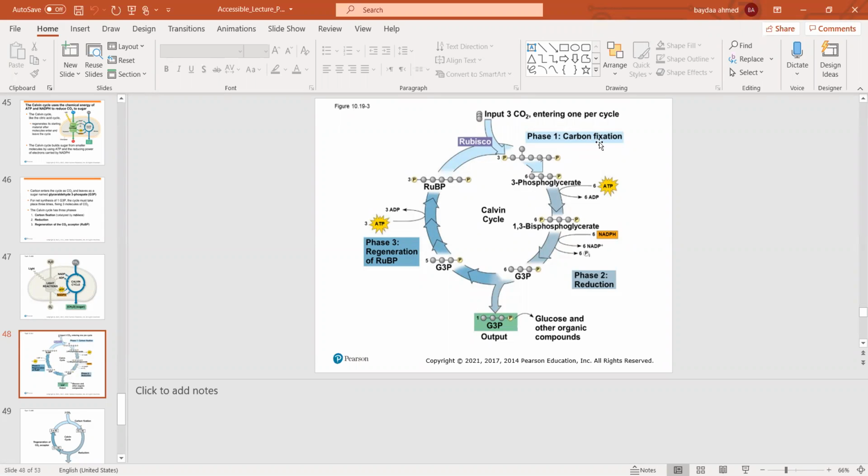In the carbon fixation phase, carbon dioxide binds to a 5-carbon sugar, ribulose bisphosphate, catalyzed by ribulose bisphosphate carboxylase oxygenase, or Rubisco. The 6-carbon intermediate is immediately split into 2 molecules of 3-phosphoglycerate for each carbon dioxide fixed.